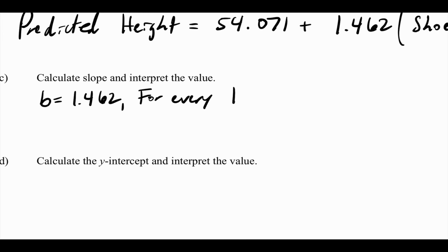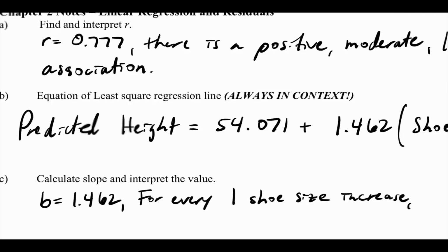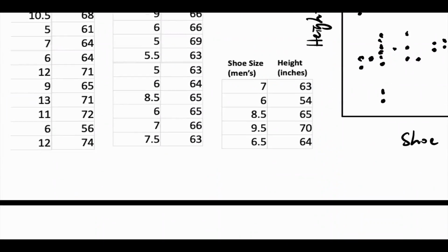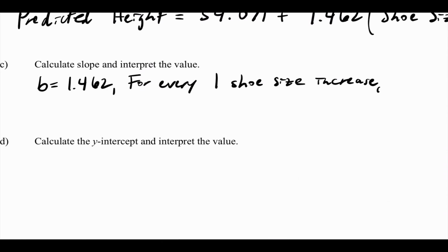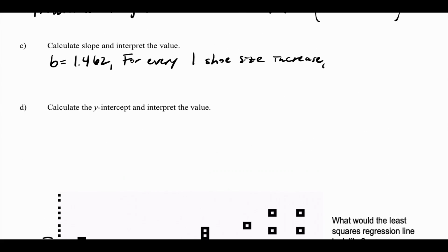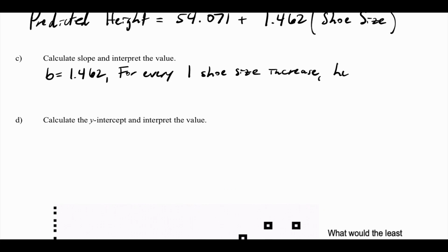So for every one increase in shoe size, what does it say? The response variable, in this case the height, increases by our number, 1.462 inches.